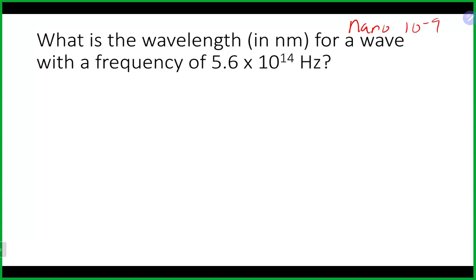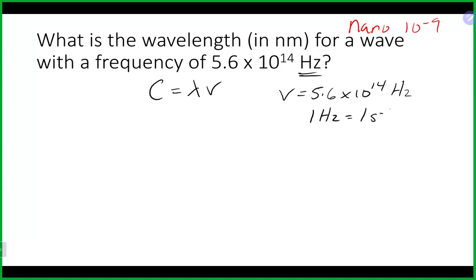Okay, let's take a look. Obviously here we're going to use our formula: c is equal to our wavelength times our frequency. In this case, remember a hertz is a frequency, so that is 5.6 times 10 to the 14 hertz. Also remember that 1 hertz is the same as 1 reciprocal second, so the units here can also be reciprocal seconds.